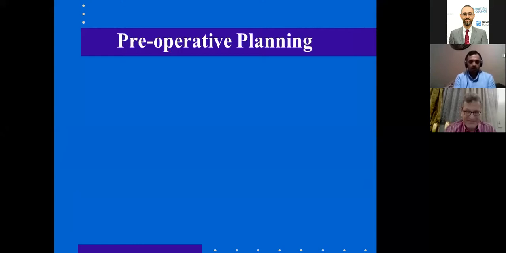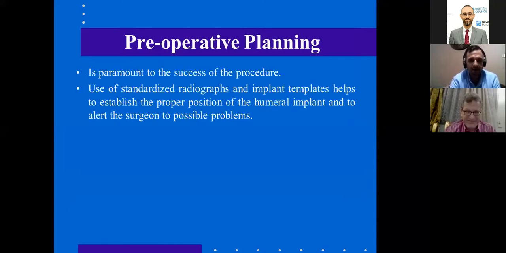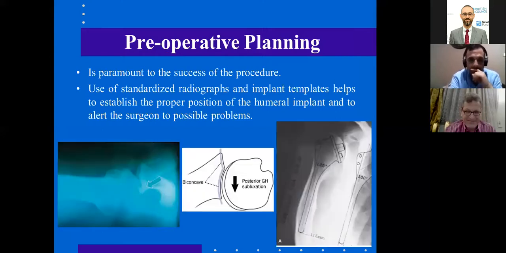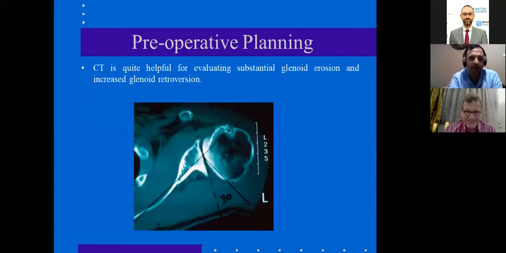Now we shift to preoperative planning. As our professor said, it is paramount to the success of the procedure. Use of standard radiograph and the implant template helps to establish the proper position of the humeral implant and to alert the surgeon to possible problems. CT is quite helpful for evaluating substantial glenoid erosion and increased glenoid retroversion.